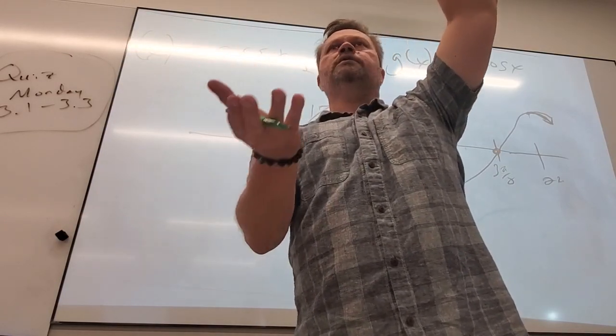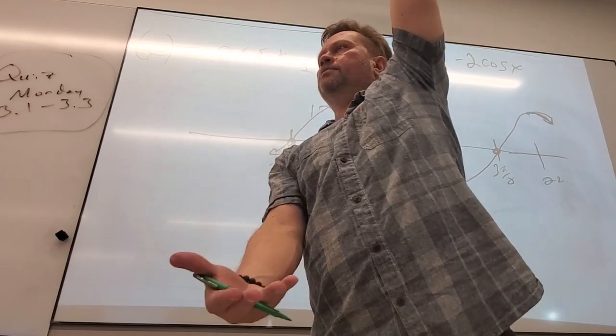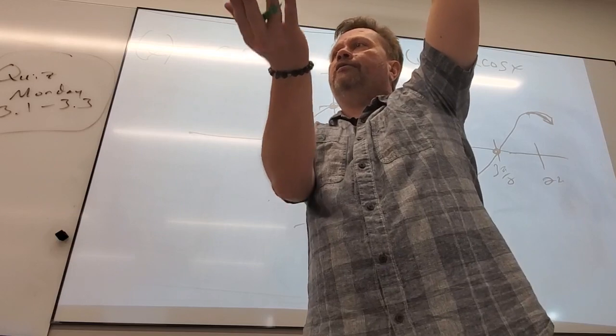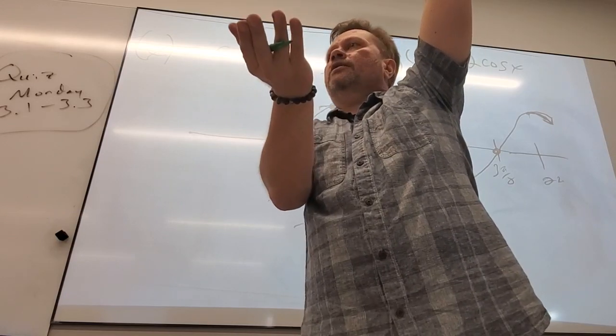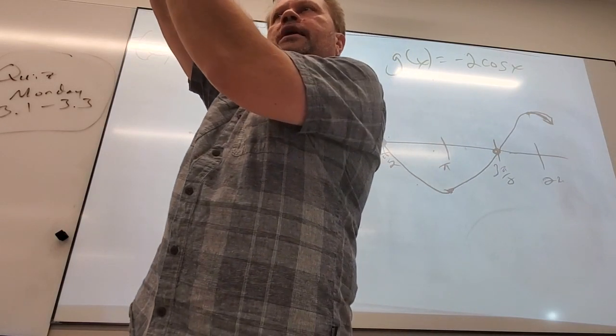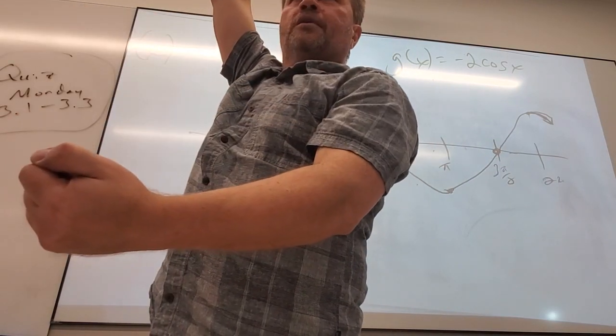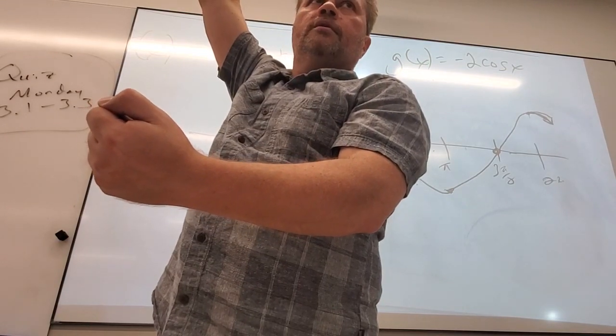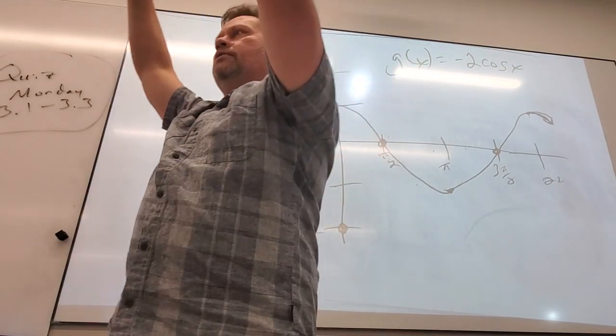And all it really is, it just multiplies the outputs by something. If I wanted a smaller amplitude, I would just put a fraction out front. I could cut it in half and smoosh it. The official name of what we're doing right now is a vertical stretch. Do I care about official names that much? No, right? It changes the amplitude. That's what I care about.